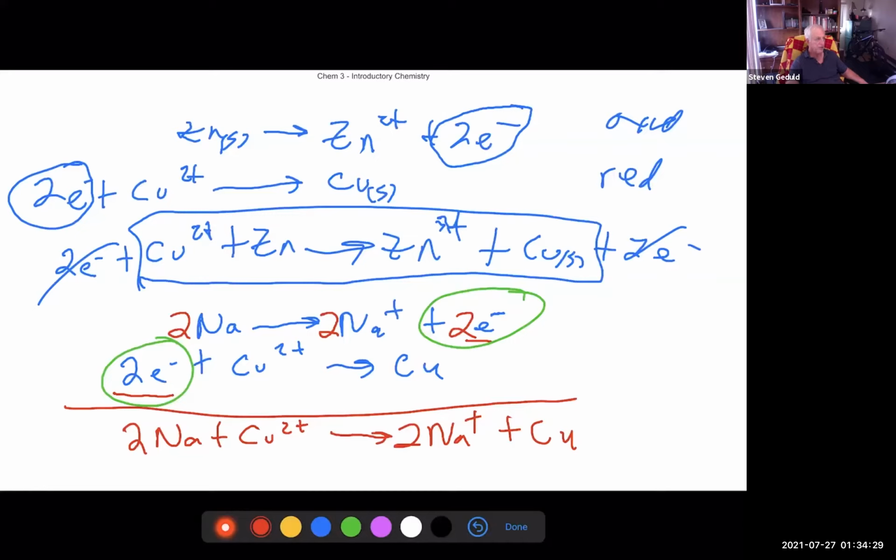All right. So let's do an example. Let's write the half reactions for each one.